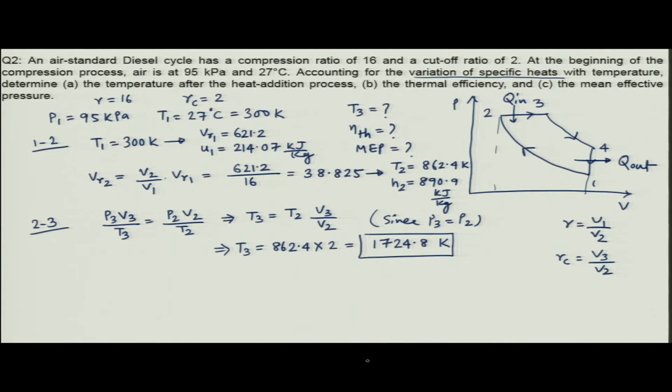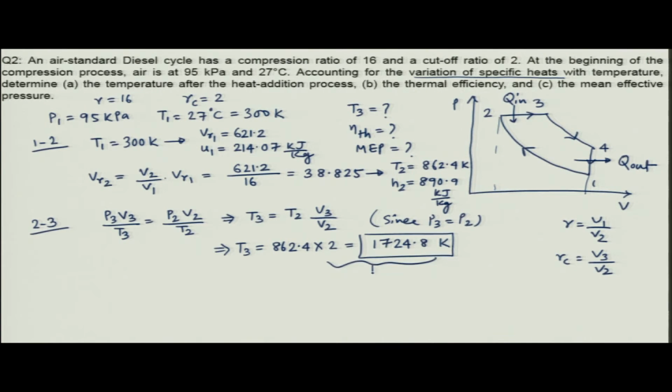Next we have to calculate the thermal efficiency, but for that we need to get the temperature at 4 also. Basically, we need to find the heat transferred, like Q in and Q out. Before moving to the next step in the cycle, for this T3 I can find H3 and VR3.